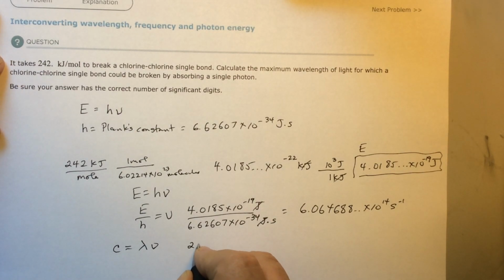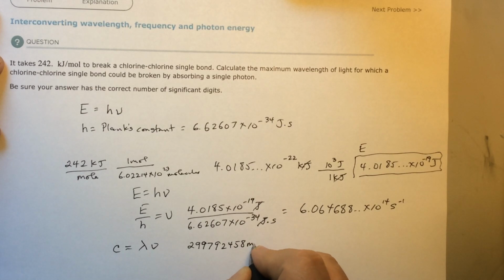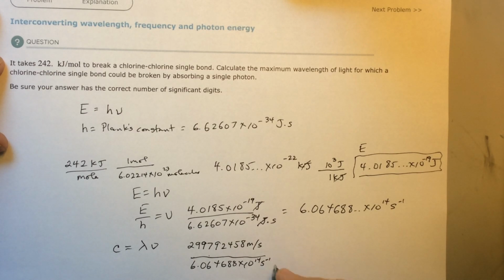Aleks has a data bank that you just push the data button and it'll give you all this information. So 299792458 meters per second divided by 6.064688 times 10 to the 14 seconds to the minus 1, so this will cancel with this, leaving you meters.